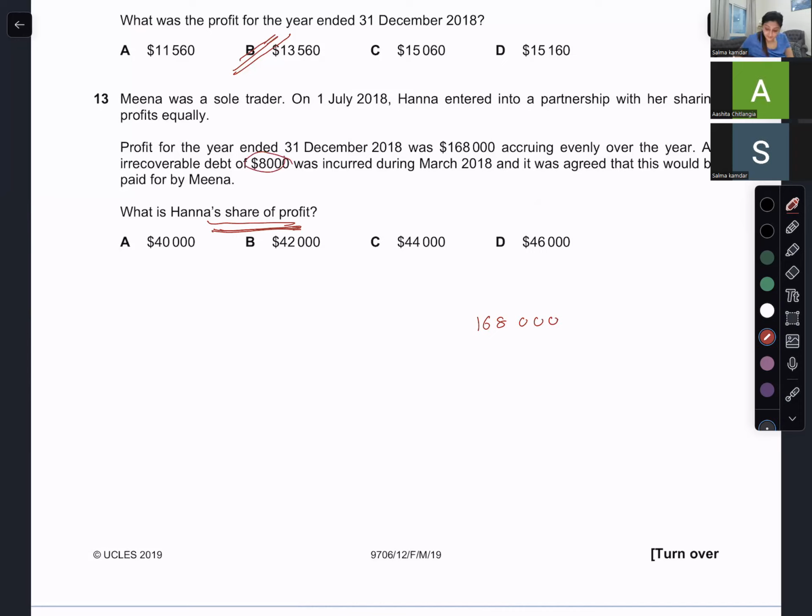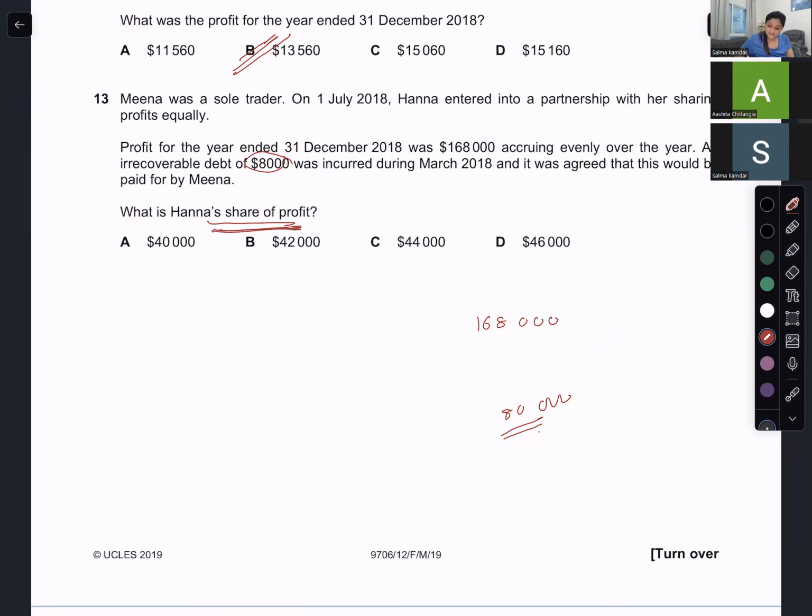So profit for the year ended 31st December 2018 was 168,000.